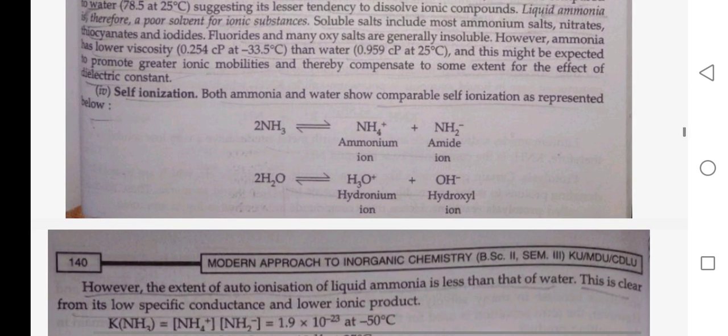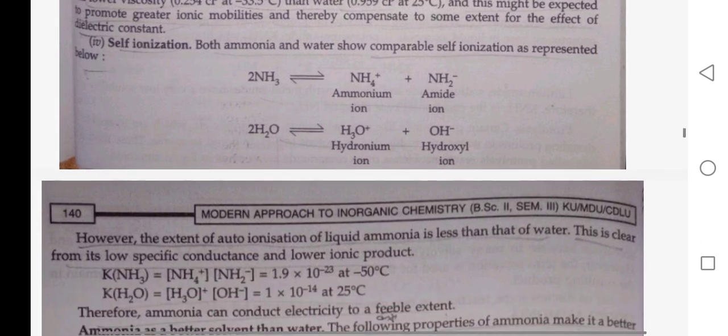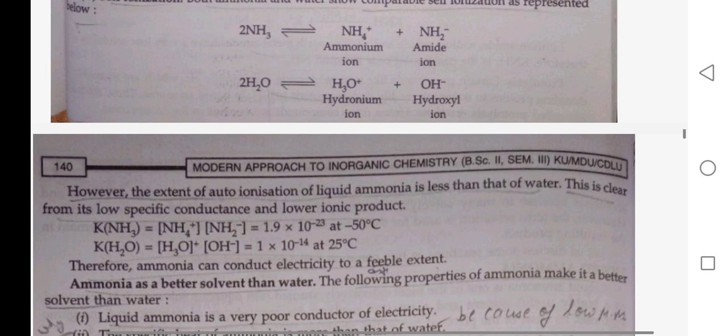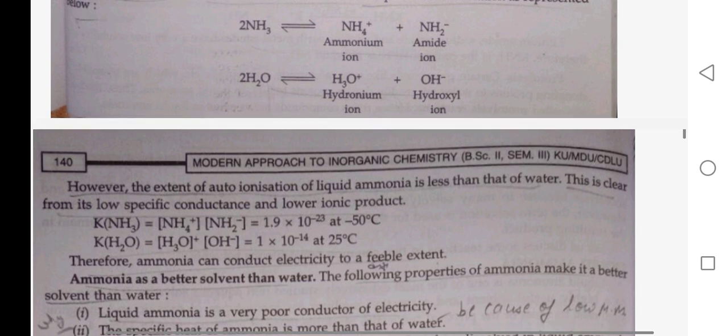Self-ionization: both ammonia and water show comparable self-ionization, as represented below. 2NH3 is in equilibrium with NH4 positive, the ammonium ion, plus NH2 negative, the amide ion.